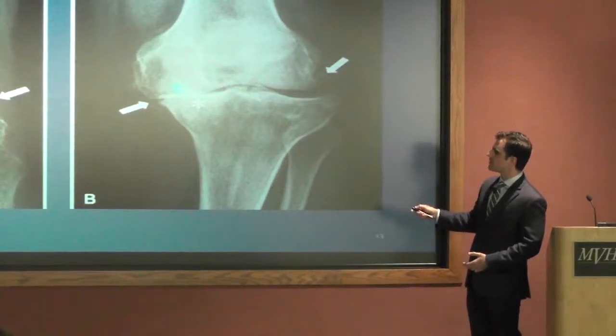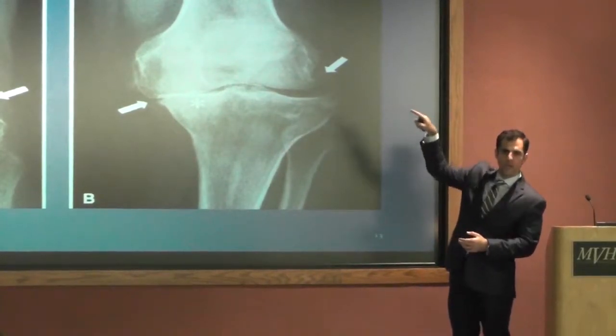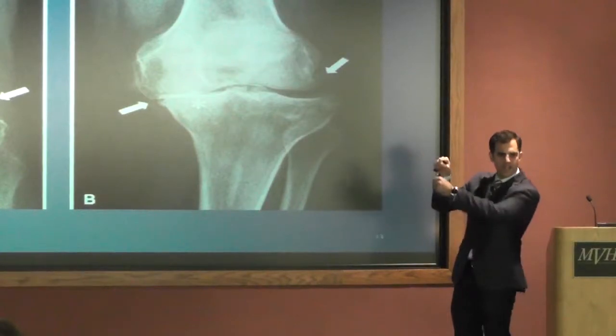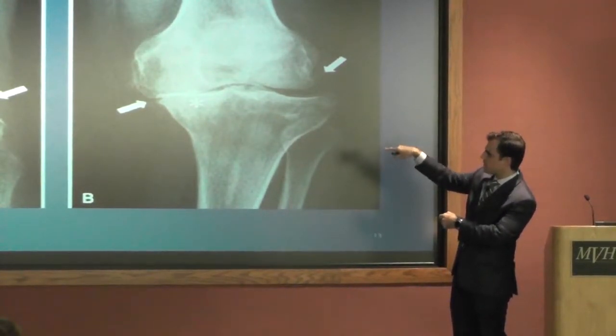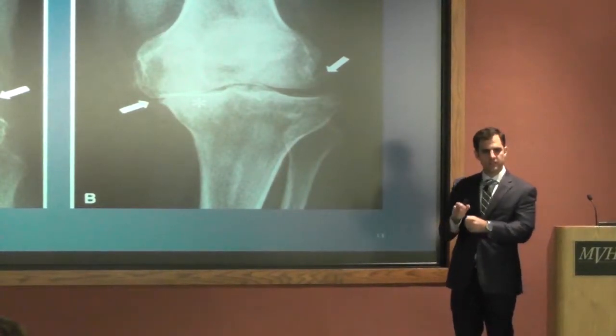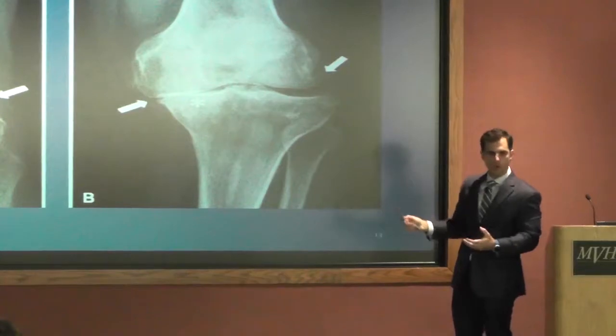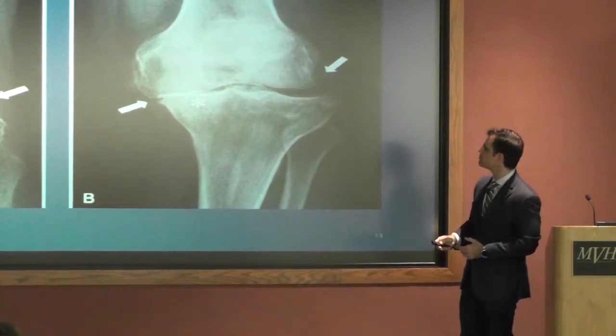You have the loss of the joint space here. You can even see the thigh bone is moving that way compared to this bone. You see that? How it's shifting a little bit? This bone compared to this bone. That's more advanced arthritis, and you get some deformity, or the knee gets deformed because of the arthritis.